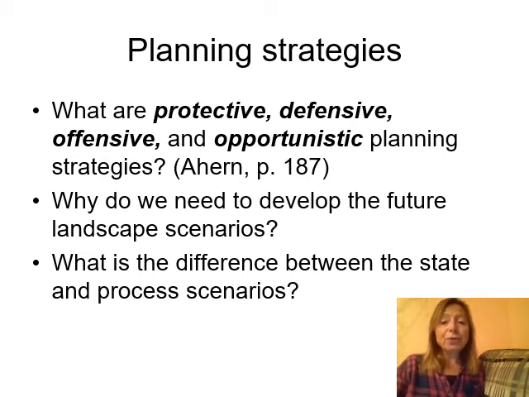Defensive strategies are usually much more expensive than protective strategies, but they're less expensive than offensive strategies, and that's why sometimes they are preferred by planners, even though they don't always offer the best results.